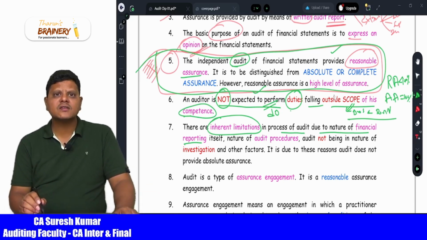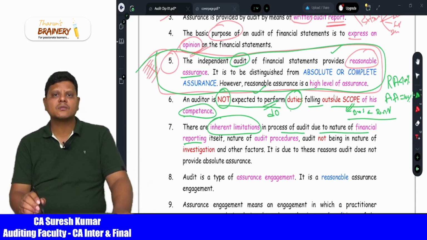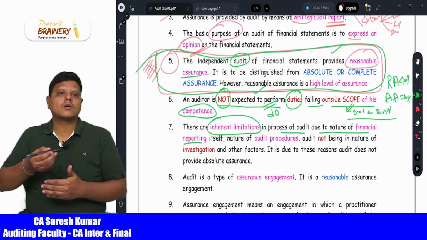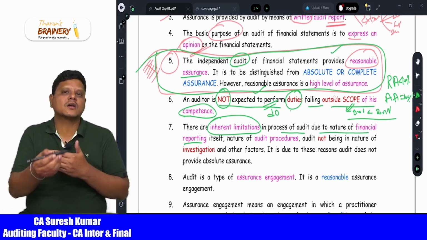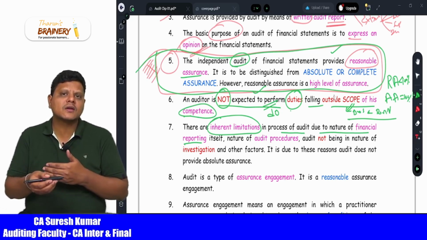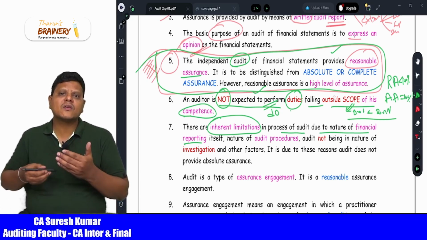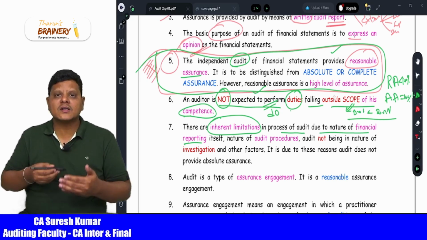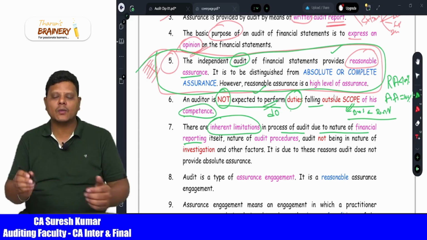Now, inherent limitation means what? These are some hurdles to the auditor. He could not complete the audit, so he could not give 100% assurance. What is the reason for not giving absolute assurance? The reason is the following inherent limitations.